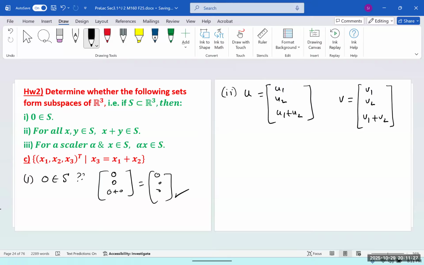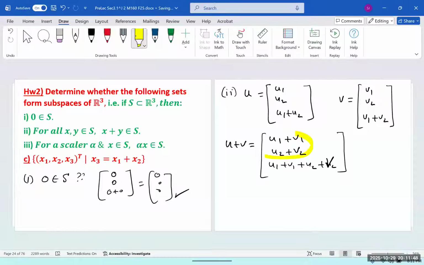Now if you add them, U plus V, we get U1 plus V1, U2 plus V2, and U1 plus U2 plus V1 plus V2. We have to check whether adding these 2 gives us this.